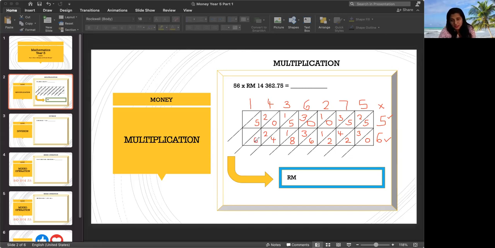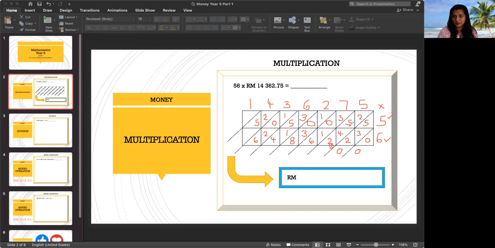Next, we have to add all the digits in these diagonal columns. The lowest right here is a 0. Over here, 5 plus 3, 8, 8 plus 2 would be 10. So again 0, and carry up 1 to the next house.